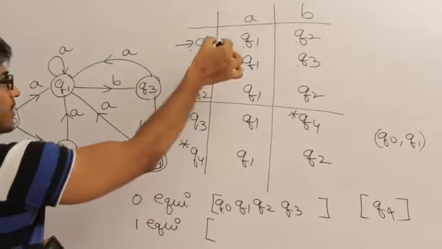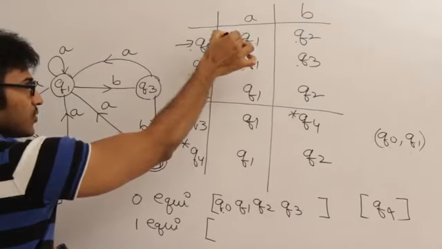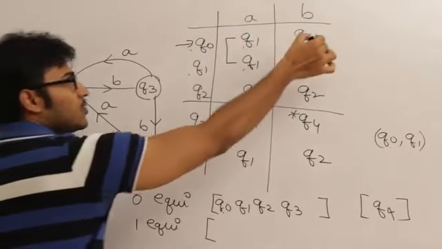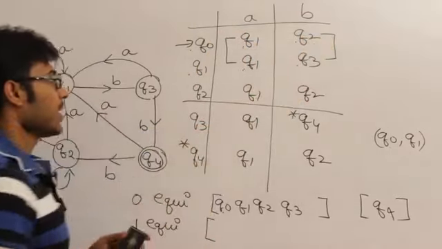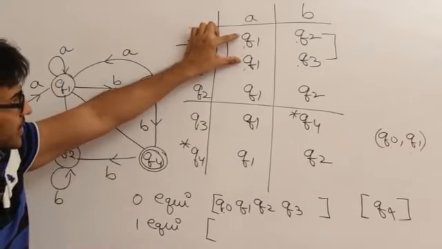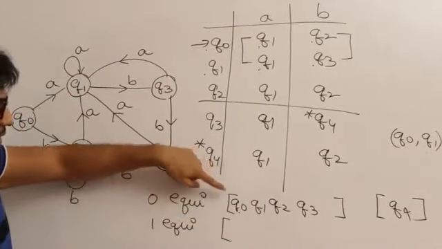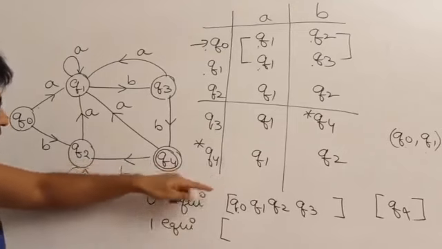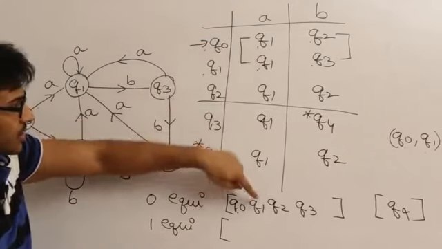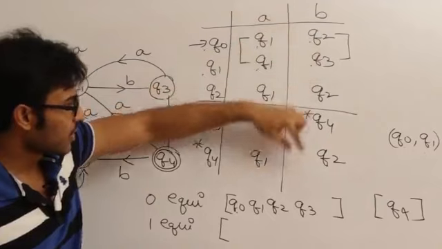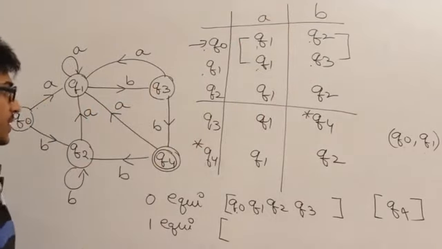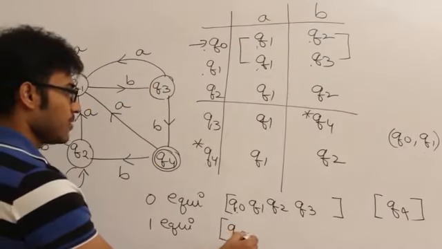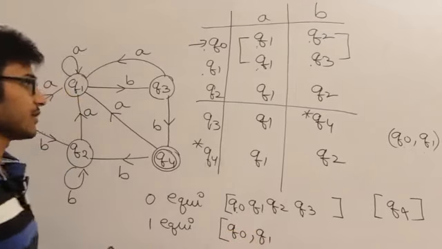So go to the diagram and you just draw like this: Q0 and Q1, these two. Now these two have to be in the same group in the above state. In the above state, which is zero equivalent, Q1 and Q2 are in the same group and Q2 and Q3 are in the same group. Therefore you can say that Q0 and Q1 are one equivalent.